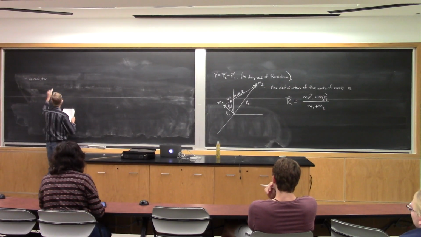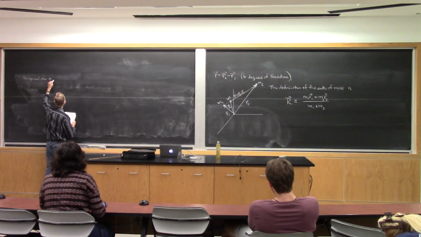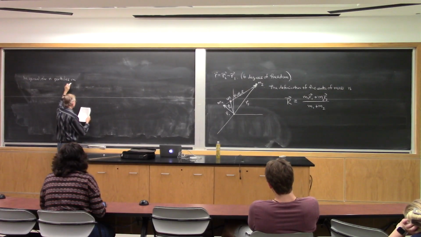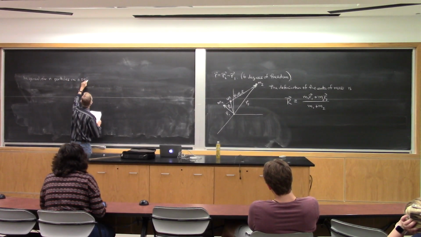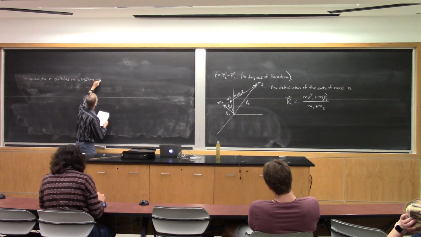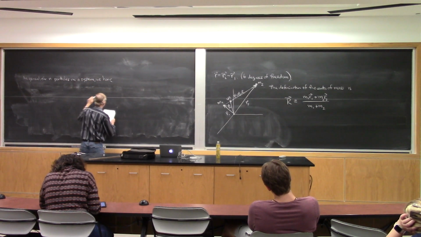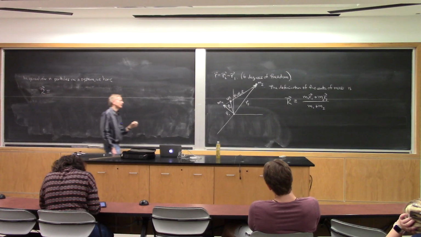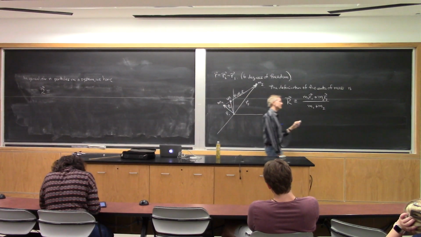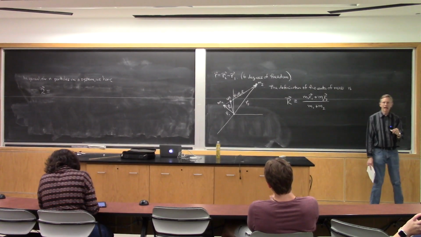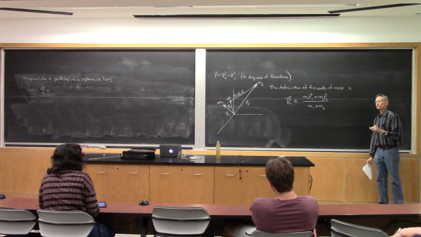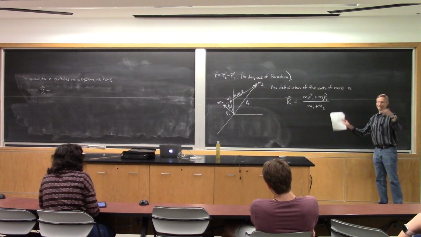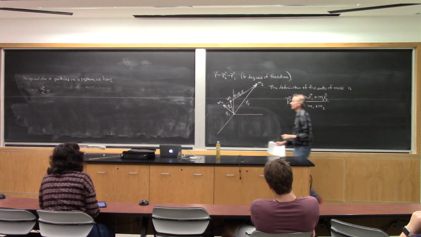In general, for n particles in a system, we just generalize the definition of the center of mass. In other words, we make it M1R1 plus M2R2 plus M3R3 plus M4R4 plus and so on, divided by the sum of all the particles' masses.